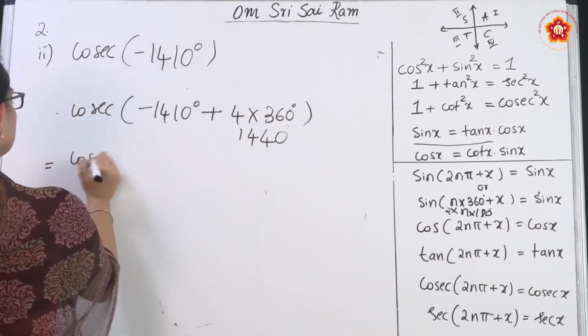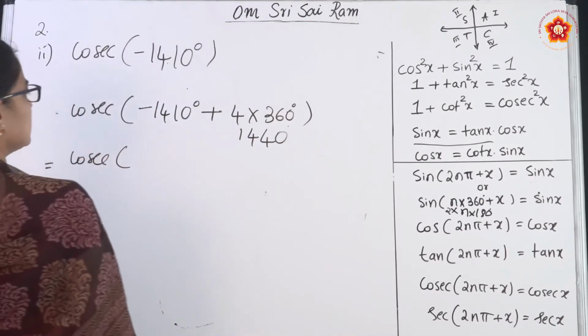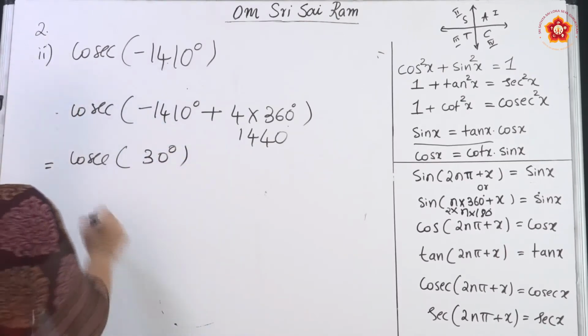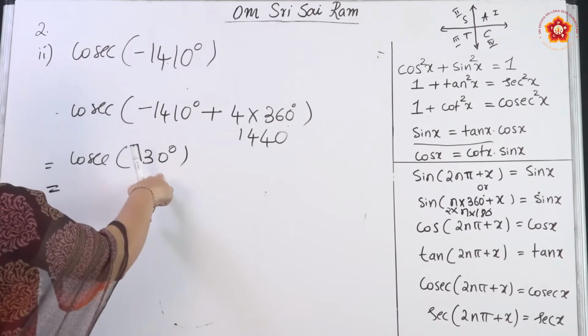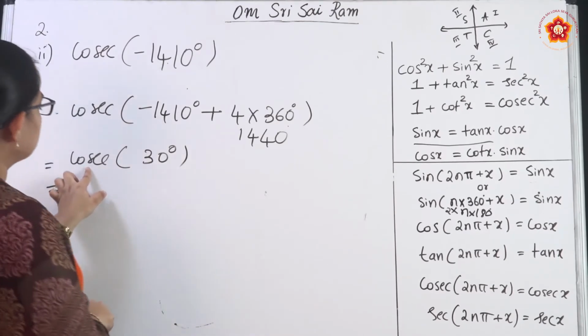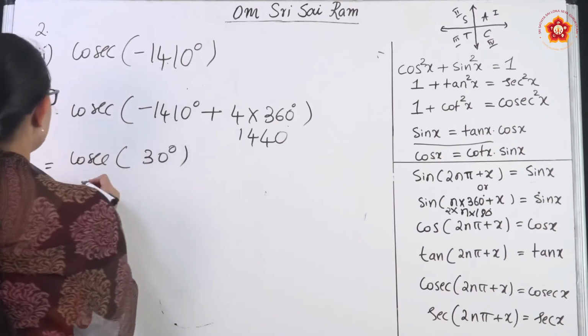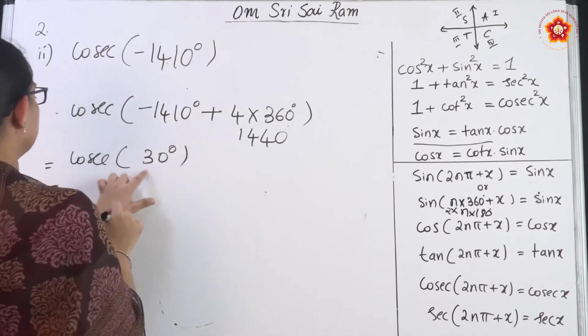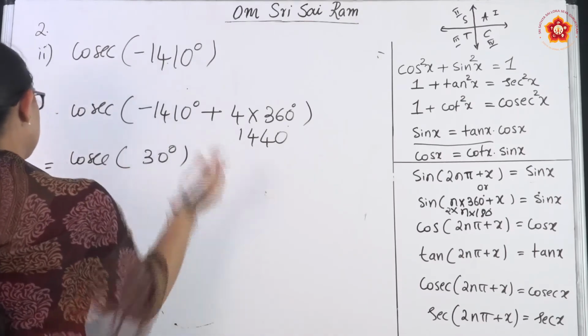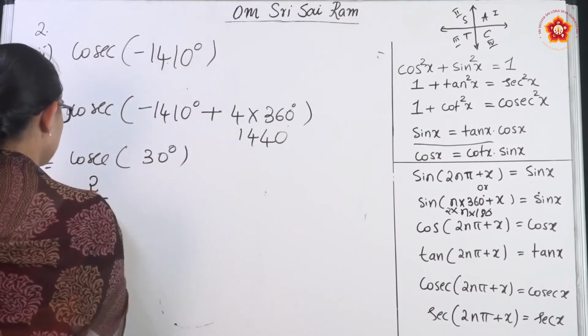What do we get as the answer? We get the answer 30 degree, right? So what is cosecant of 30 degree? We know cosecant is the reciprocal of sine. So sin 30 is nothing but 1 by 2. So cosec 30 is nothing but reciprocal of 1 by 2, that is 2.